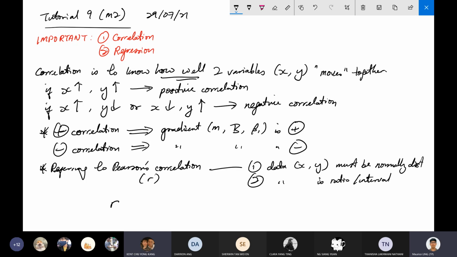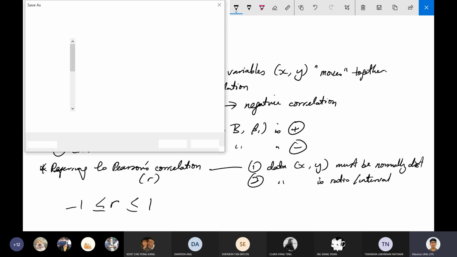What is the lowest value for correlation, or the highest value for correlation that you can ever get? You say minus 1 to 1, inclusive. Okay, so that is the basics of it. Let me continue.